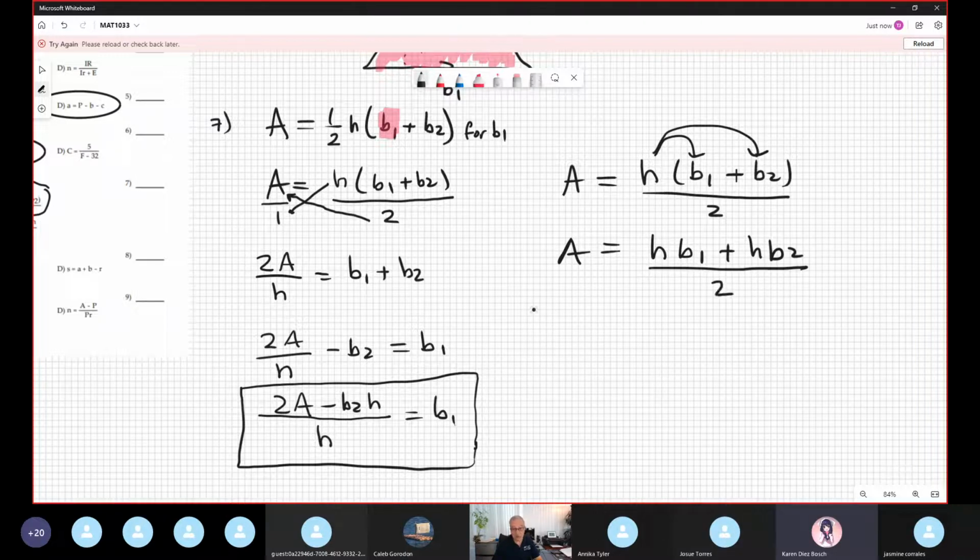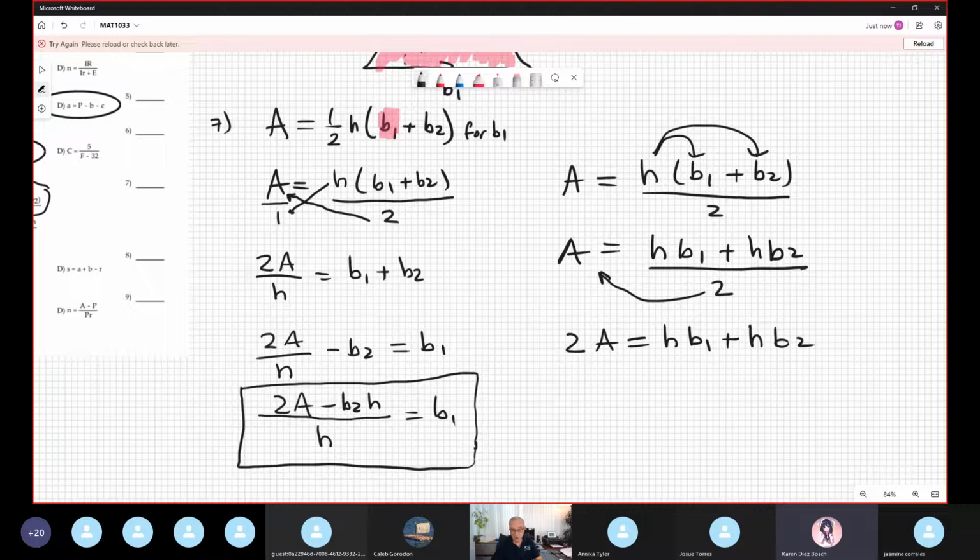Good. Now, you can apply cross multiply. Of course, here times this, and this times 1 is 2A equal HB1 plus HB2. So my goal is B1.